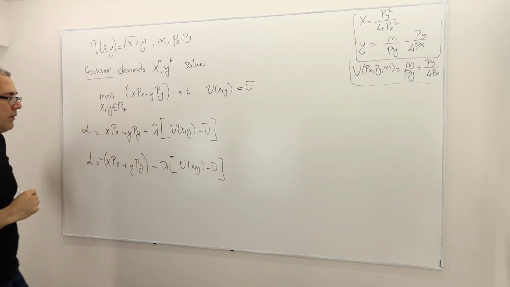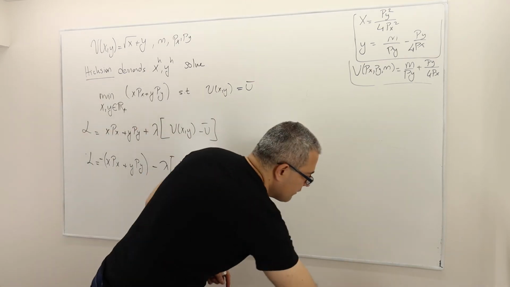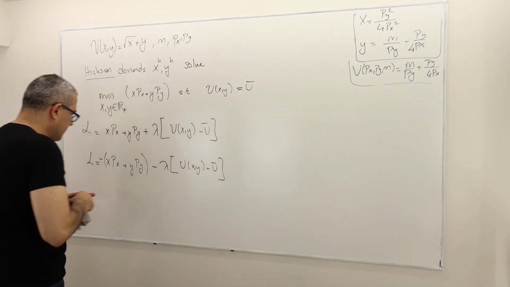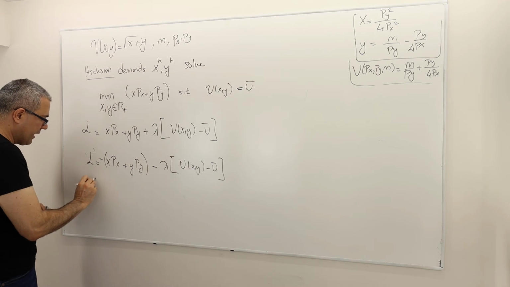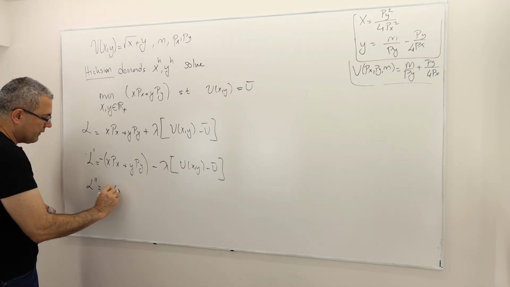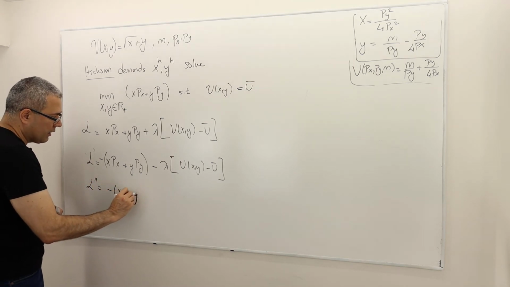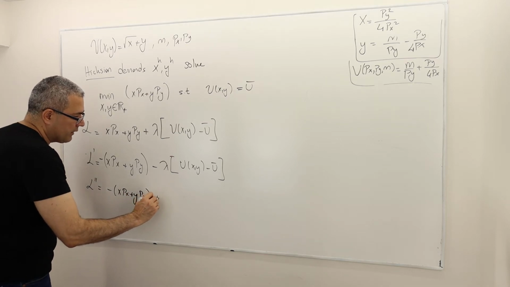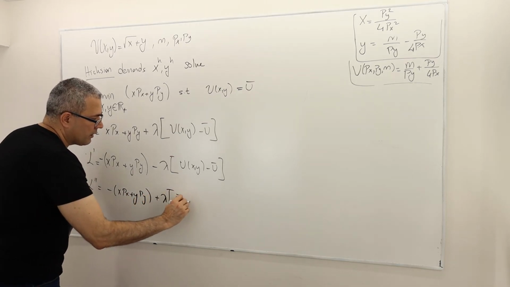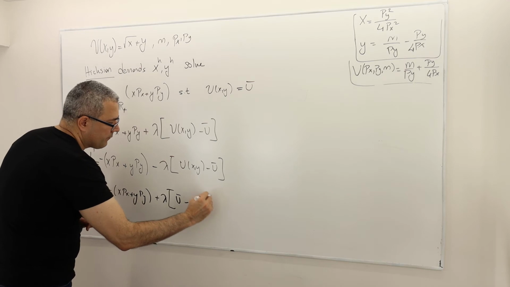Or even, I mean the same thing, let me write it, L double prime, minus x p_x plus y p_y plus lambda, u bar minus u of x,y.